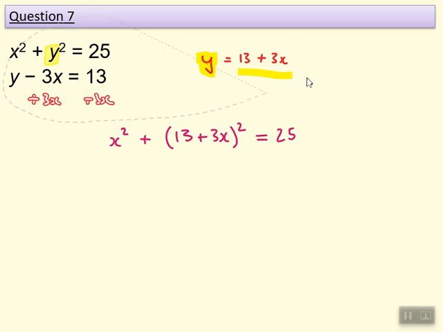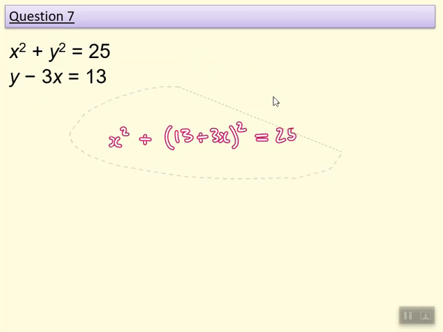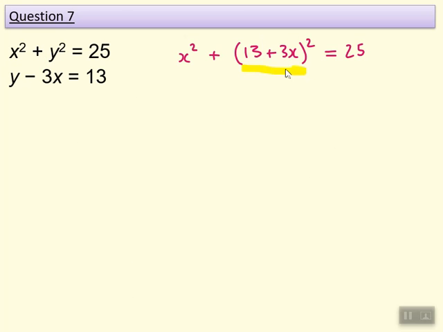Okay, what we should do now is expand that double bracket. So remember, if a bracket is being squared, that means there's two of them. So in the margin over here, I'm going to write the brackets out twice, and expand it.